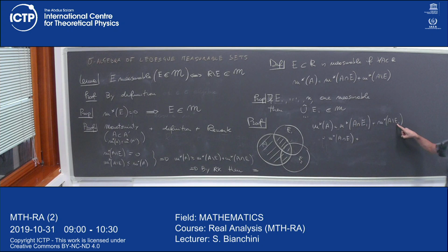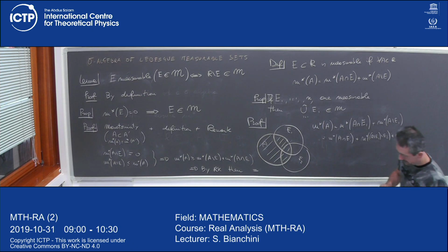And now I use that E2 is measurable. So it's M star of E minus E1 minus E2 plus M star on the border E minus E1 intersection E2. And now I have the pieces, no?